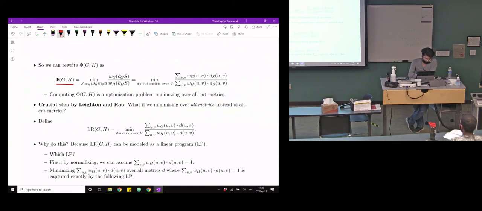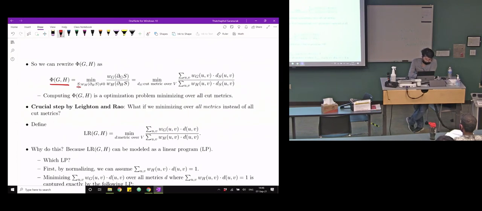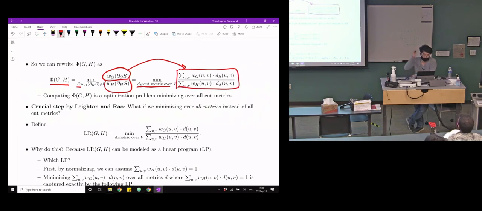I try to minimize over all cuts S, and for a given S, I look at the ratio of the cut size in G and the cut size in H. And this thing can be written in this way. So this is just a minimization problem over all cut metrics, just some ratio. I mean, nothing really happened. I just rewrote things.